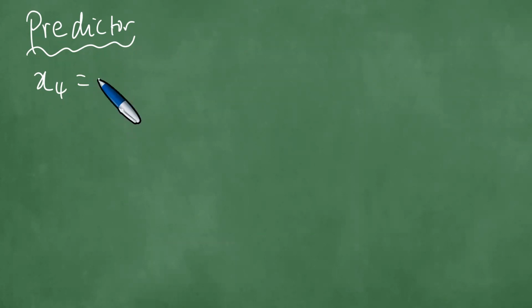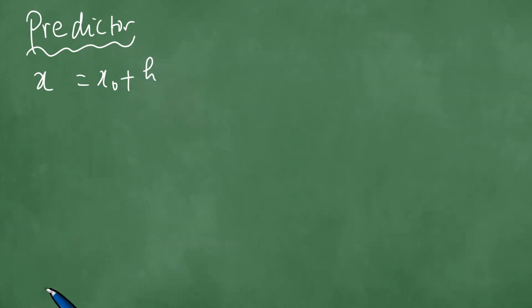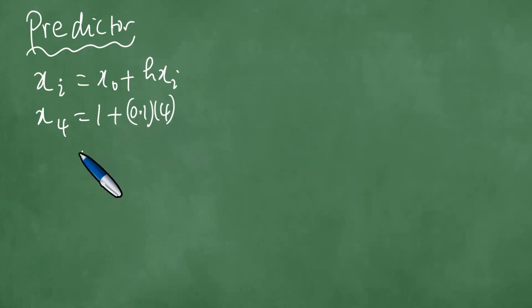Like we said already, it is always x0 plus h times i. So x0 is 1, h is 0.1, and i is 4.